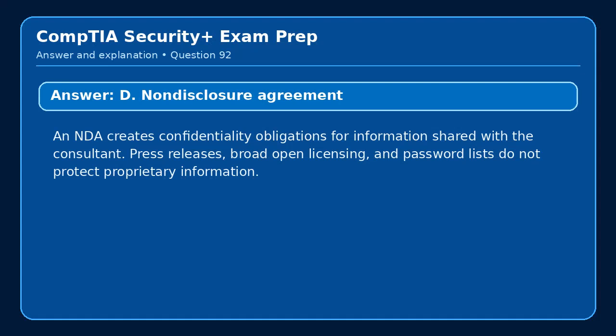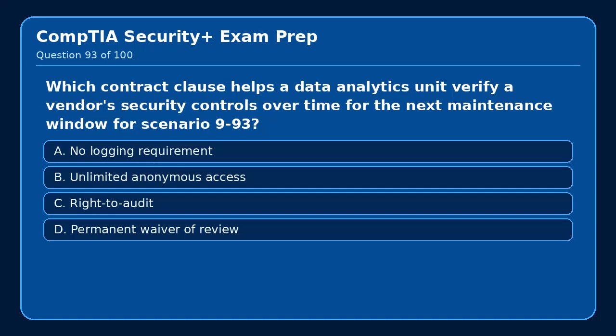Question 96. Which training outcome is most useful after a distribution warehouse runs a phishing simulation after a recent audit finding for scenario 9 to 96? A. Managers disable security reporting. B. Employees recognize suspicious messages and report them through the approved channel. C. Employees learn to approve unknown MFA prompts.